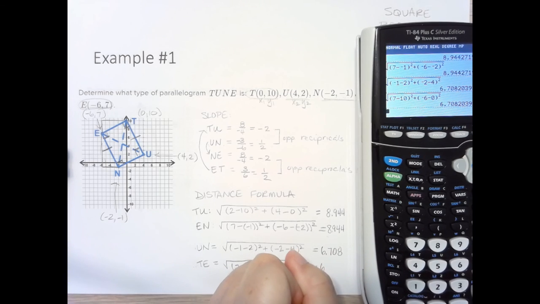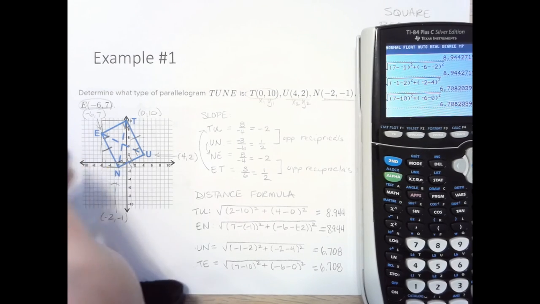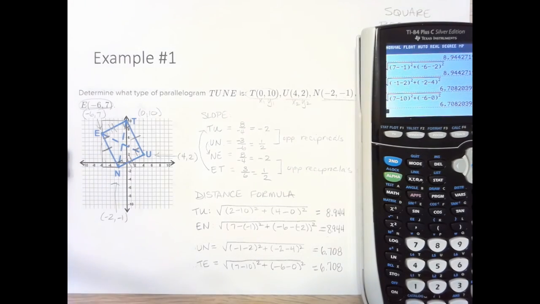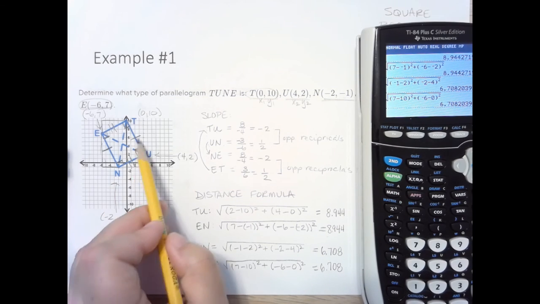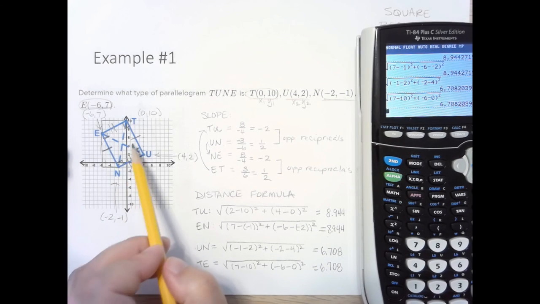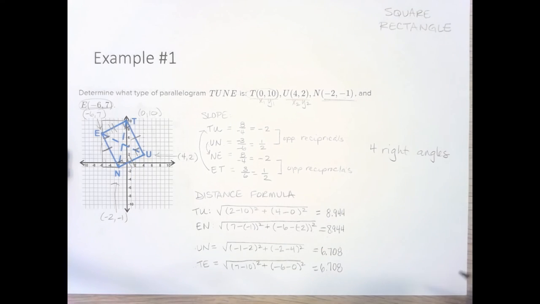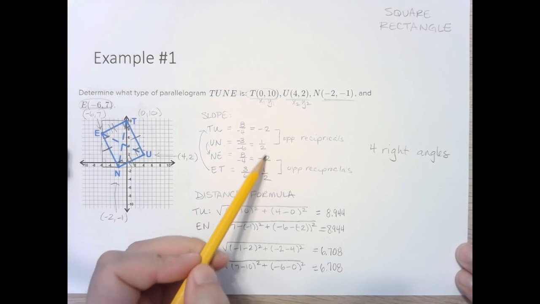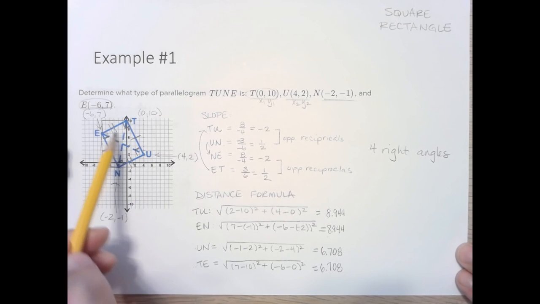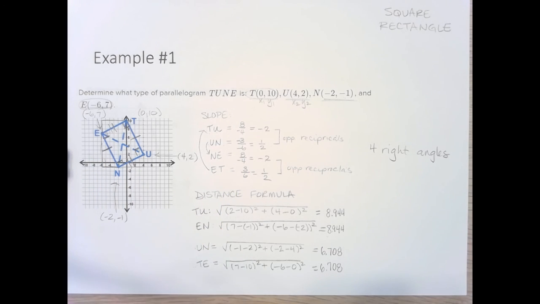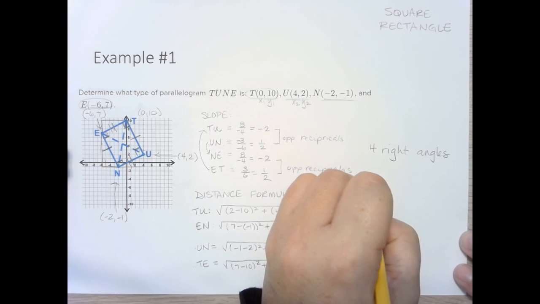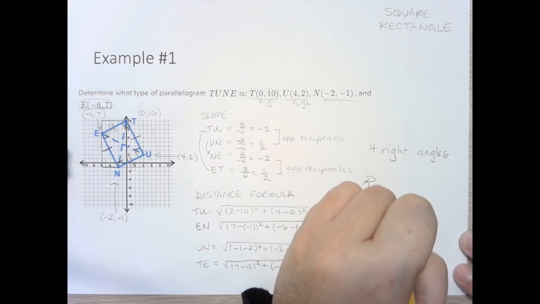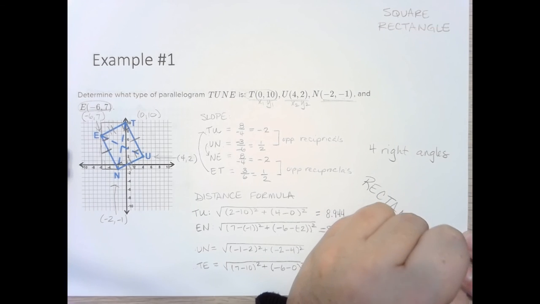Perfect. 6.708. So now I know that these two sides are the same length, but they're different. So that means my opposite sides are the same length. I know my opposite sides are also parallel, because TU to NE, those are parallel. And TE, so we fit all the criteria of a rectangle.